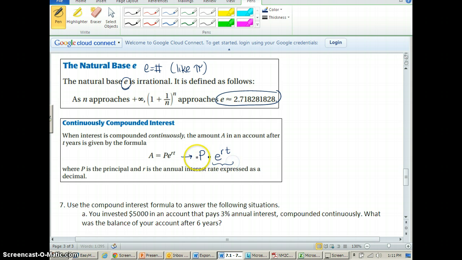You have to do this first, and then you can multiply by P. So if you have to estimate, use approximately 2.72 for E, but it's better to use the E button on your calculator, which is usually above the LN button, which stands for natural log, because this is the natural base, and so that's where you can find it. All the setting up of the formulas is exactly the same.